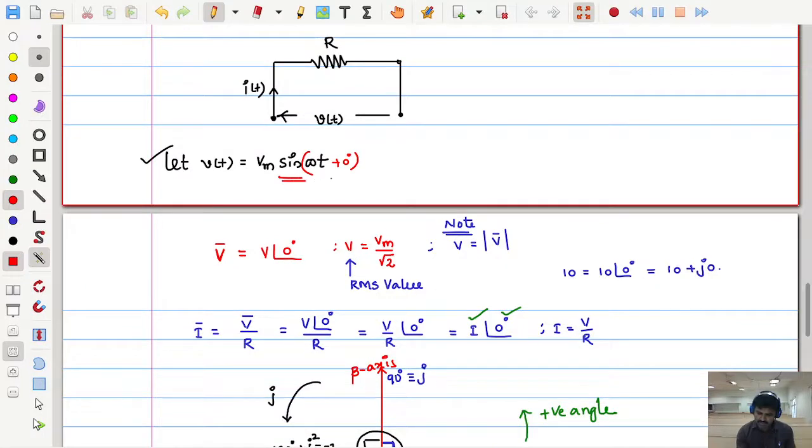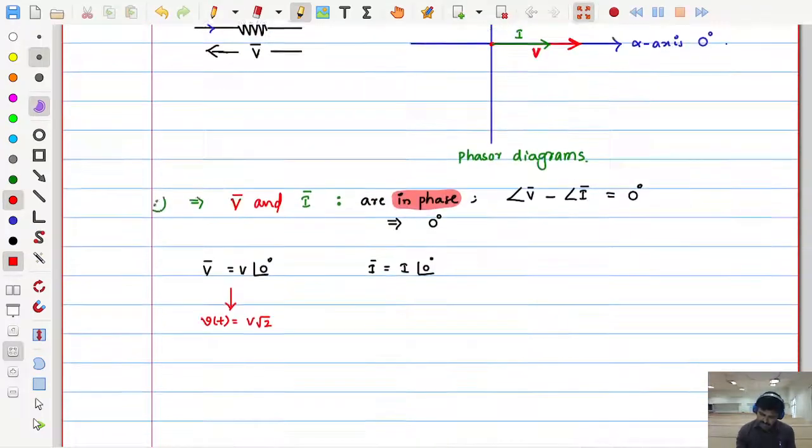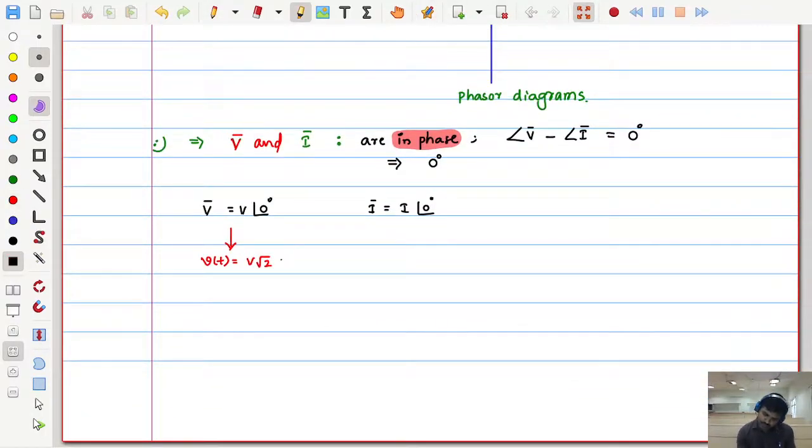Sine function. So we get back that sine function here: sine omega t plus 0. And for current also, I of t is equal to I into root 2 sine omega t plus 0.